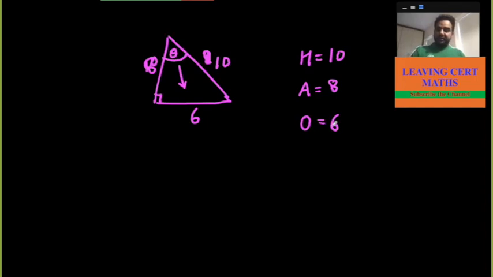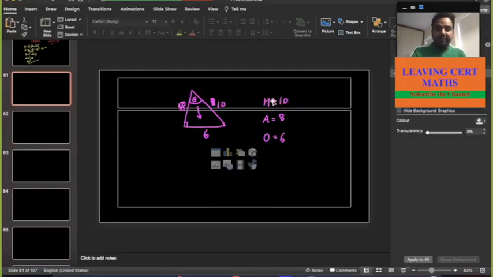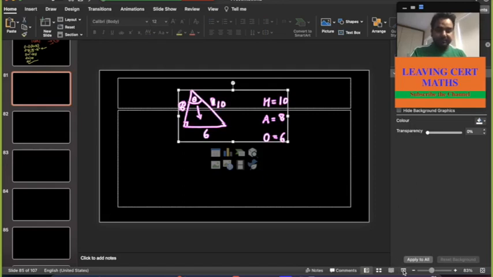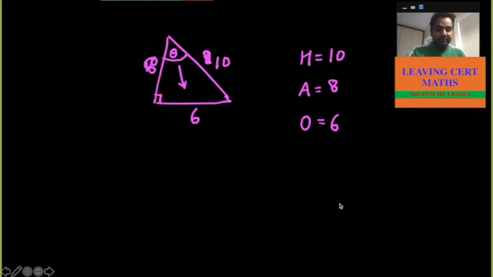Now you're familiar with how to mark adjacent. Are you okay with this, or do you want to practice one more question? We could do one more question. Yeah, let's do.